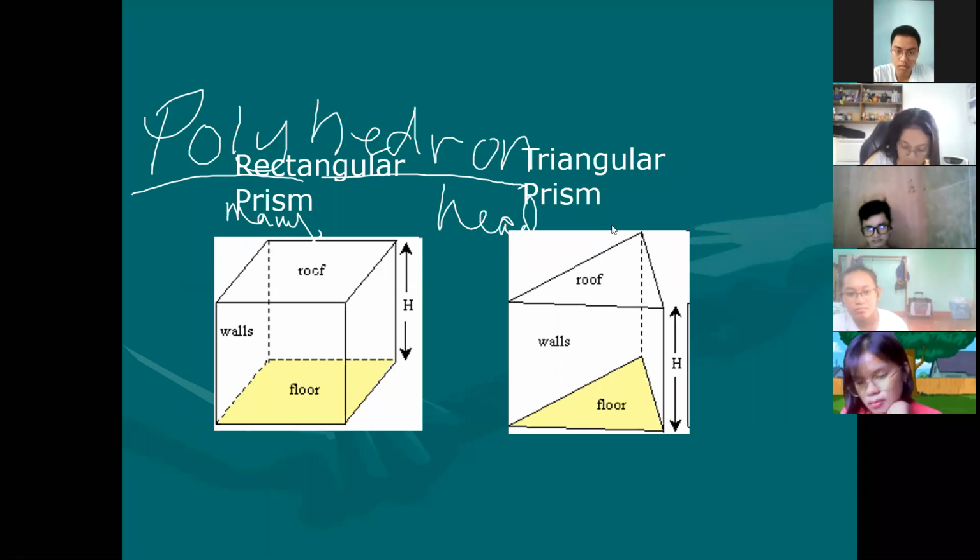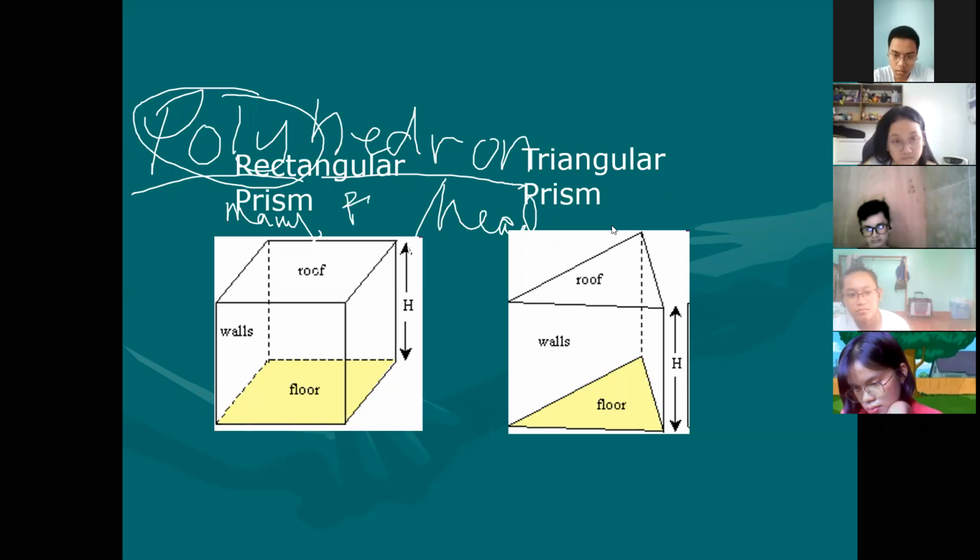And these heads are also related to polygons, which means they have a polygon head. In other words, prisms and pyramids are polyhedra, which means they have flat faces. The general term for the two of them is a polyhedron, which means they have flat faces.